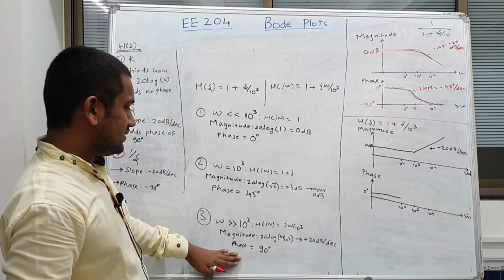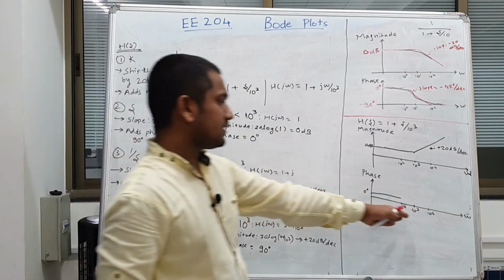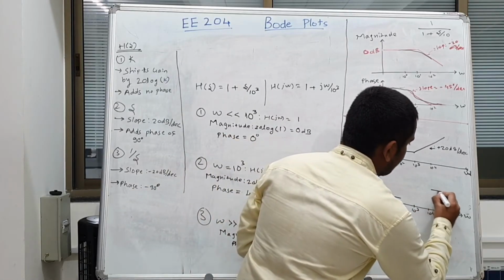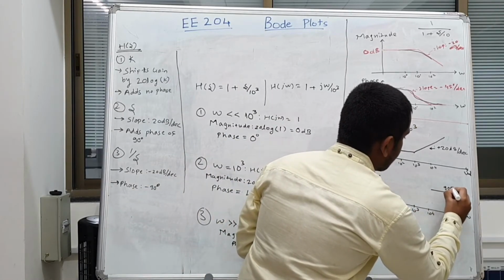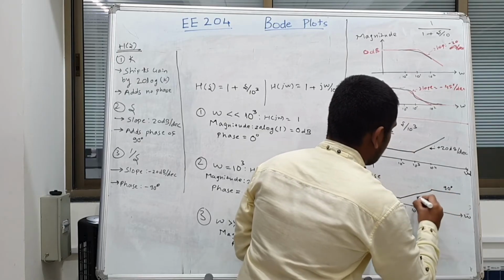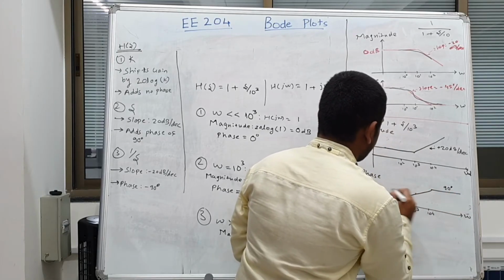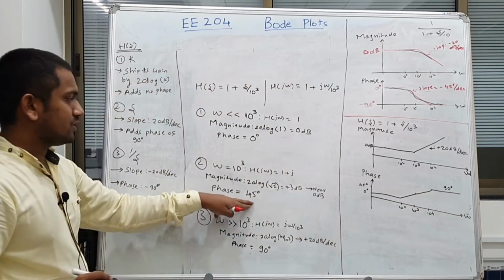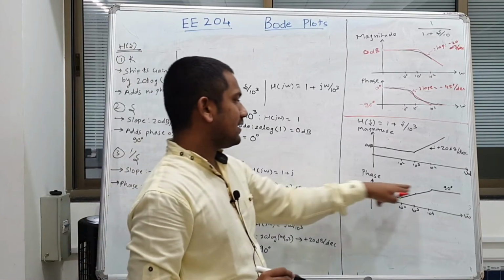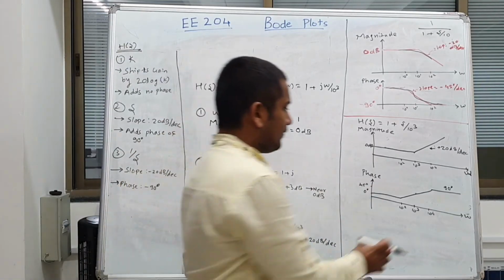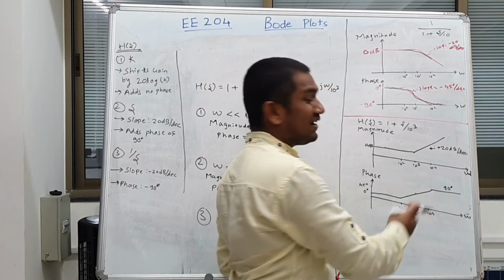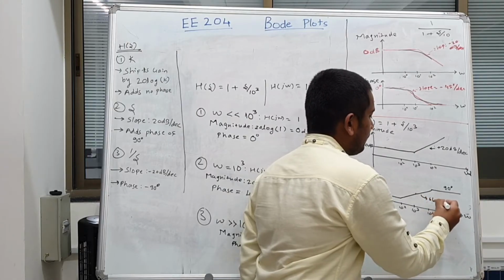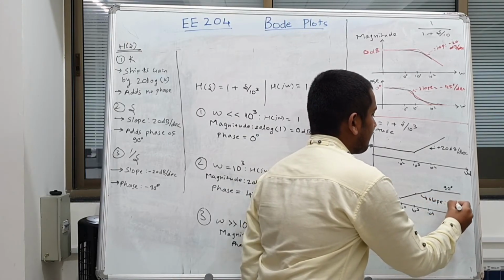At frequencies which are 10 times larger than 10 to the power 3, it stays at 90 degree. If we join these dots with the center at 45 degree, it matches our calculation that at the corner frequency the phase added is 45 degree. It tells us that in 1 decade the phase has changed by 45 degree around the corner frequency. The slope will be 45 degree per decade.